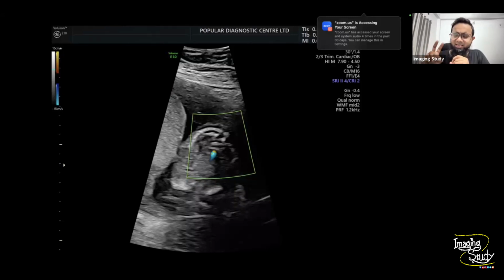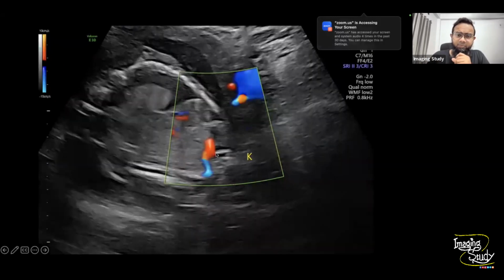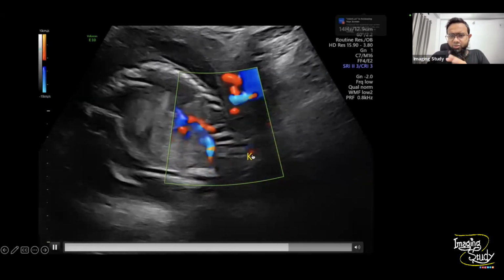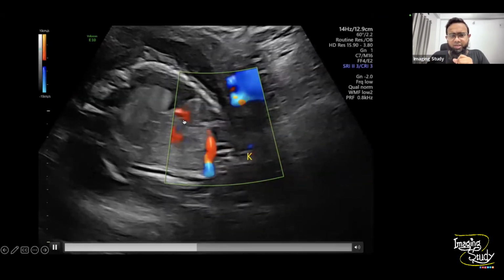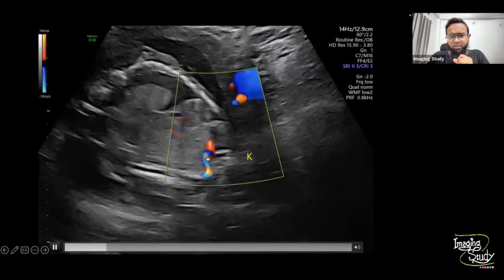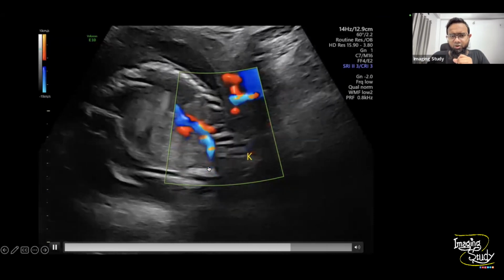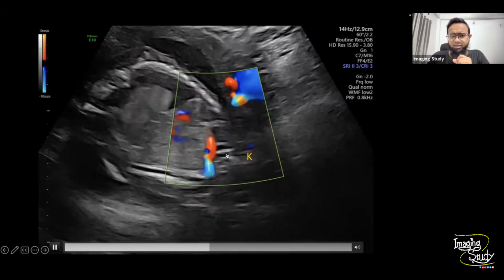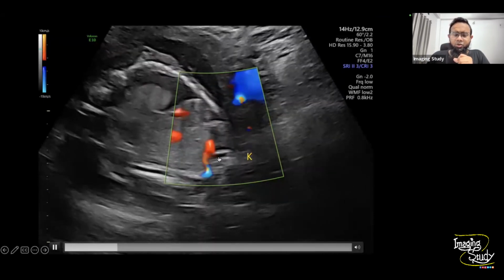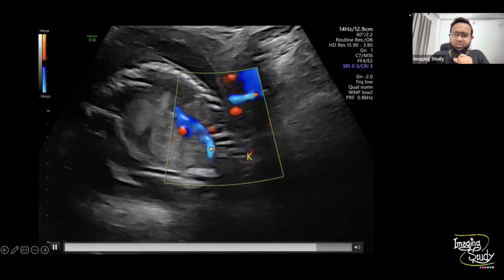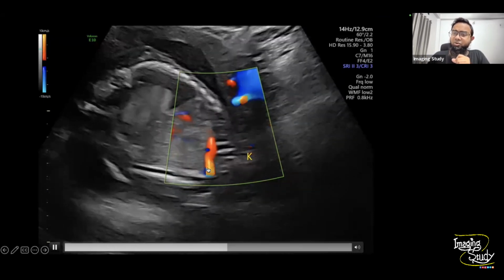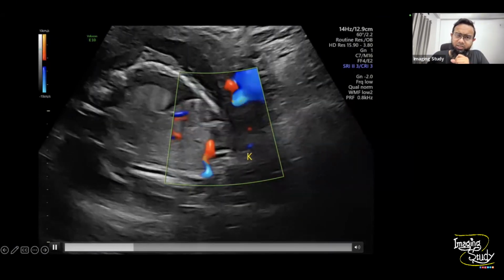There should be 2 internal iliac arteries, one at this area and another at this area, but there is only a single internal iliac artery. So here, ignore this view. You can see from the aorta, it's getting here and only a single vessel is coming here. There is no vessel at this part. So it's not getting branched. So there is only a single umbilical artery.